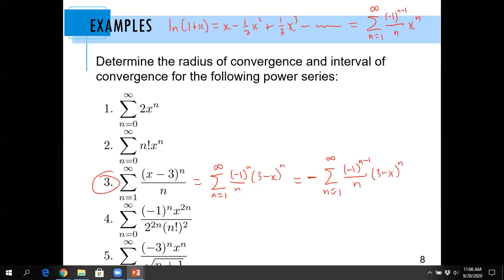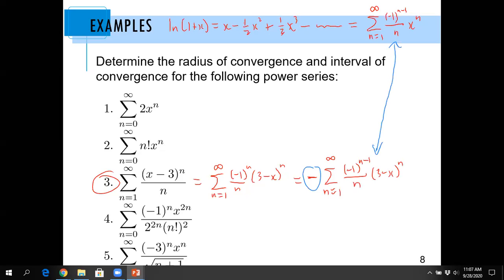Now stare at these two things for a minute. Do they look basically the same? What's the only difference between those two things? There's a minus sign out front, and what else? 3 minus x has replaced x. Do you know what I'm saying?